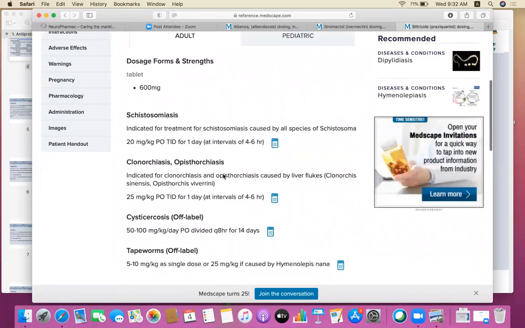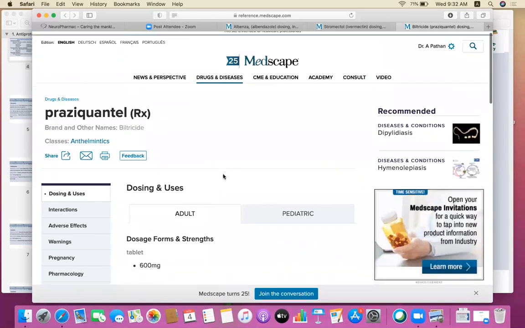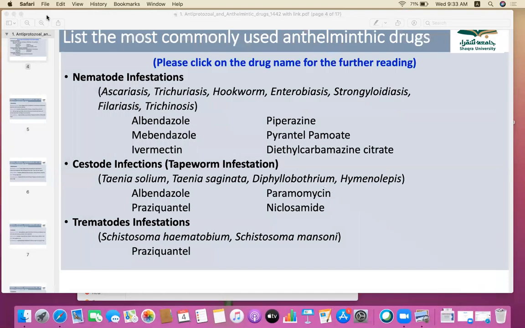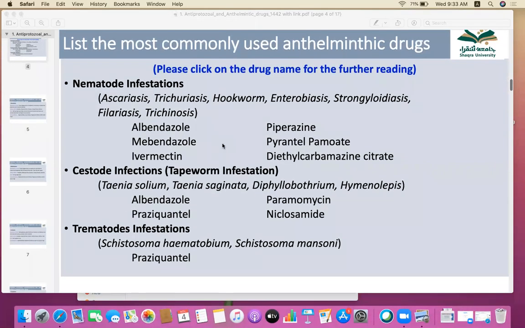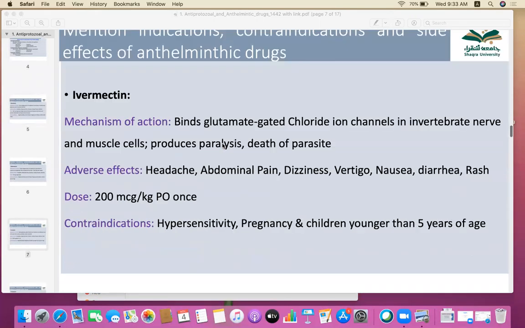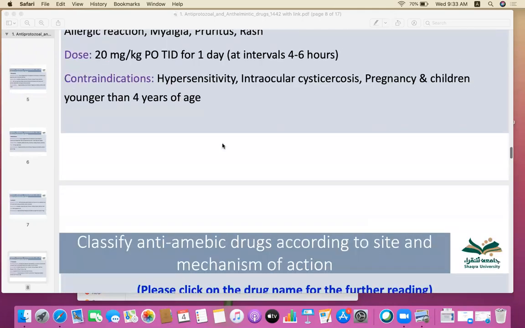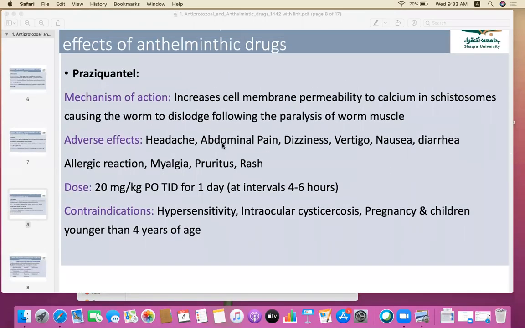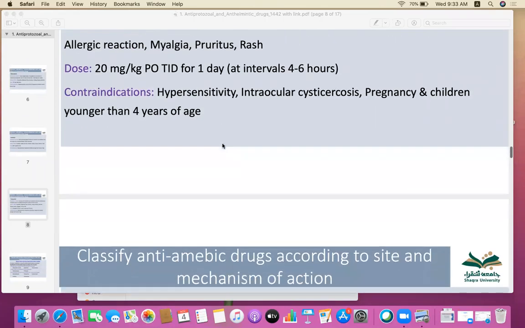Generally, it is used off-label in the management of helminthiasis. These are the commonly used drugs, and for additional reading you can click on the drug.